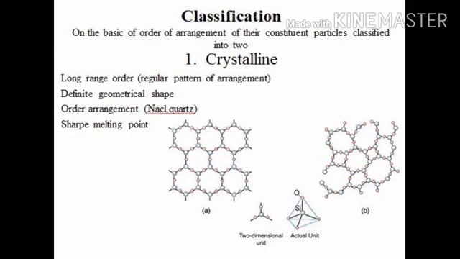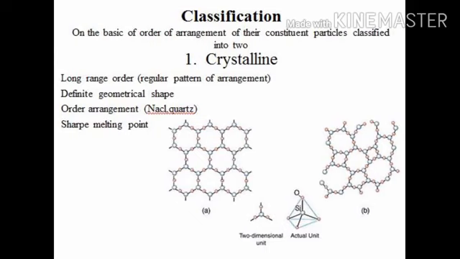We will discuss the crystalline solid first. Crystalline solids are substances whose constituent particles are arranged in a definite geometrical pattern in three-dimensional space.